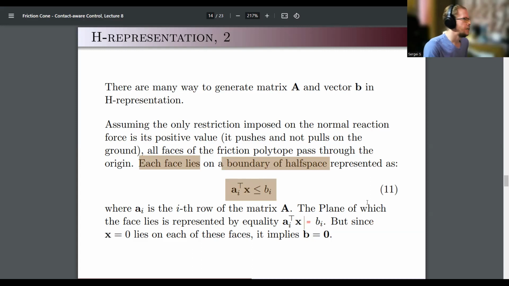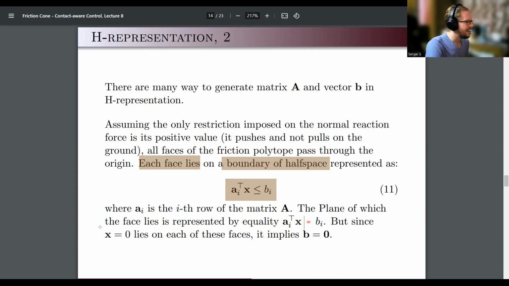So the plane on which the half space lies is represented by equality. The inequality represents the half space, so half of R^n. The equality represents the boundary of this half space. Those boundaries are represented as A sub i transpose X equal to B sub i.